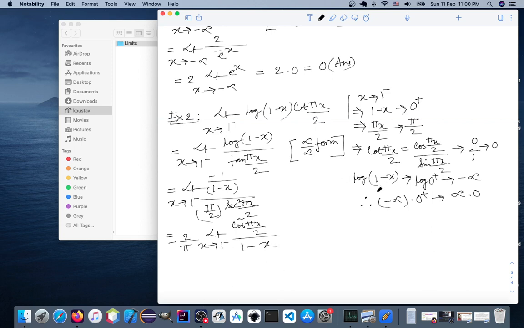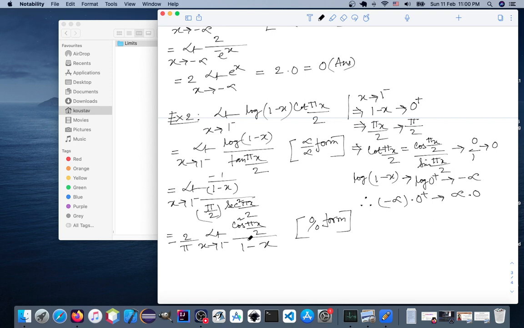Now as x tends to 1 minus, cos(pi x by 2) tends to cos(pi by 2), which is 0. So this is the 0 by 0 form.